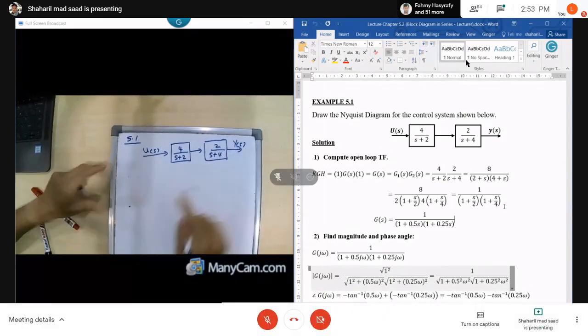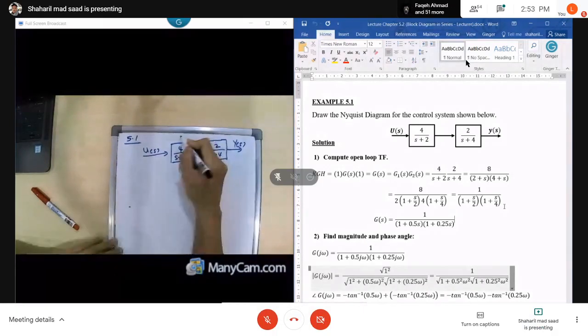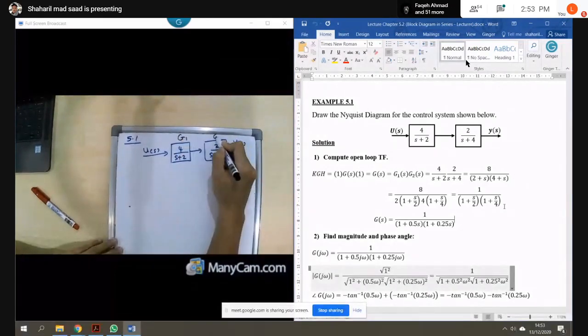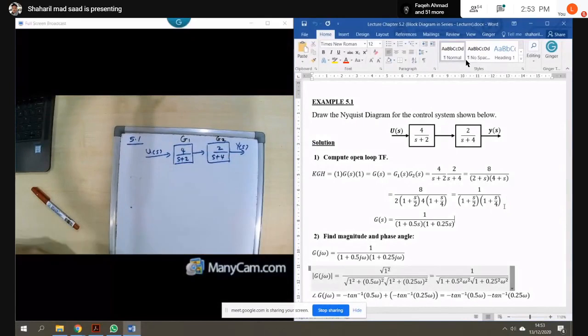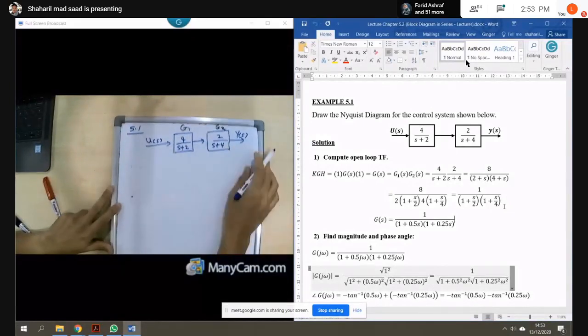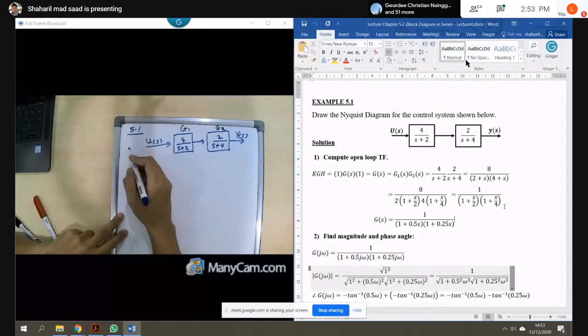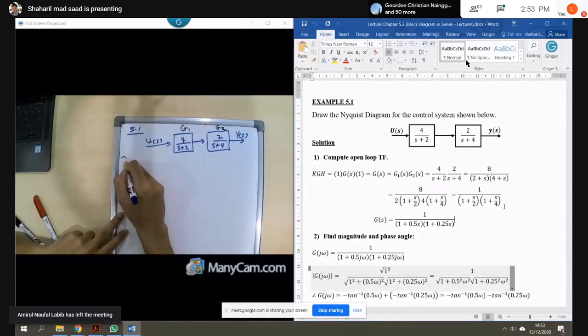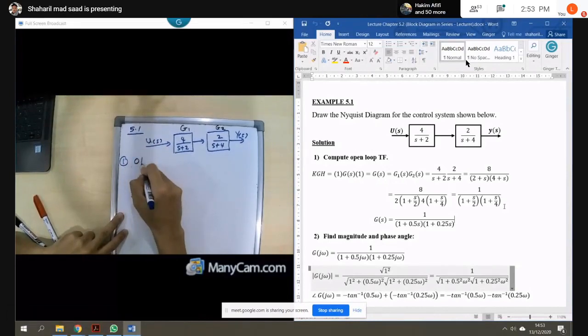Okay. So this is like your G1 and G2, right? And then you need to make a sum table and so on. That one is very difficult because you will make mistakes. So how to solve it is simple. First, you need to find the open loop transfer function, where I mean the KGH.